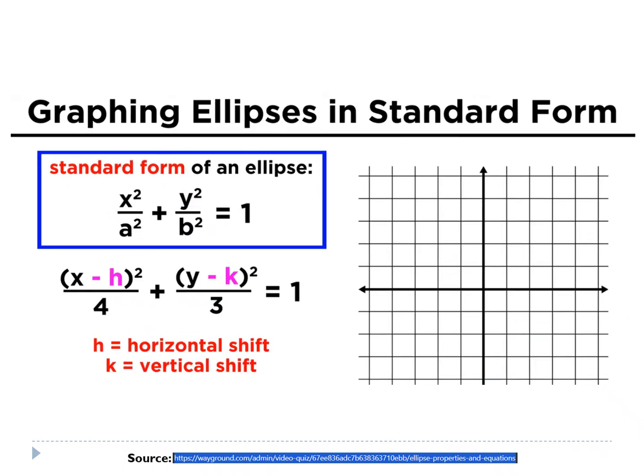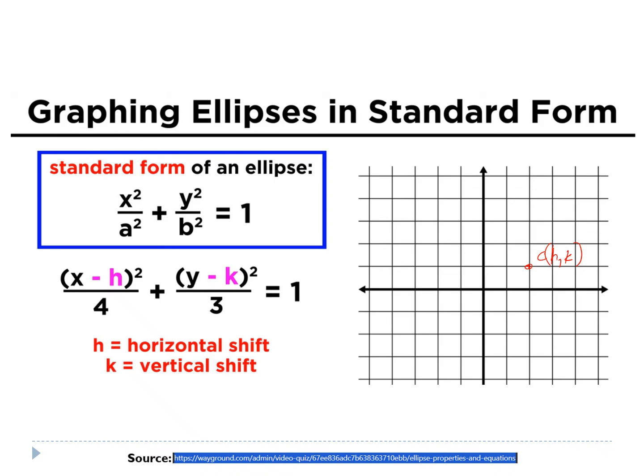Okay, so this can also be expressed in terms of h and k, where the center is no longer at the origin. For example, the center is here, coordinates h and k, so we can express the standard form in this manner. Generally this is a squared, this is b squared, but we have just a specific example here where our a squared is equal to 4, b squared is equal to 3.